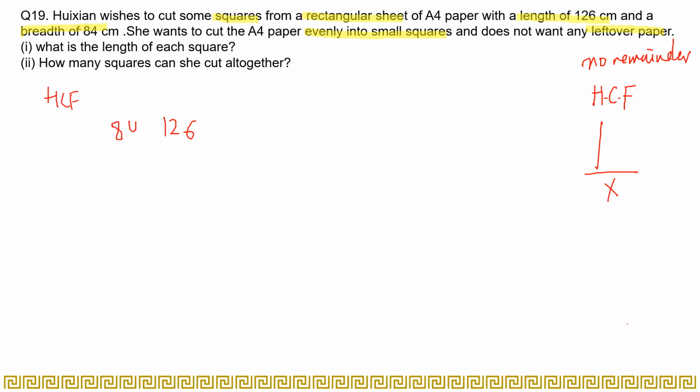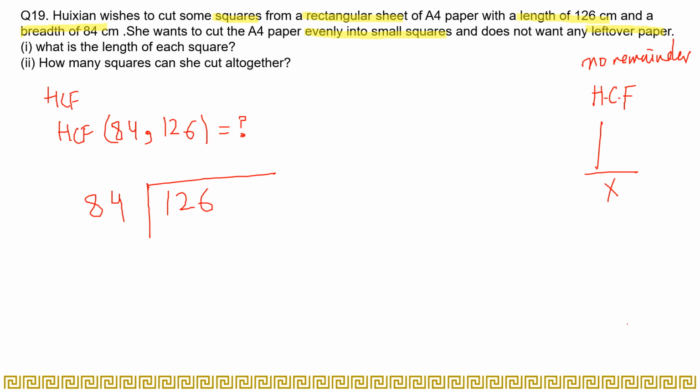We have to find the HCF of 84 and 126 is equal to question mark. So now it's up to you. You want to do it through prime factorization or through division method. I am doing it through division method, right? You can choose the one that best suits you, right?